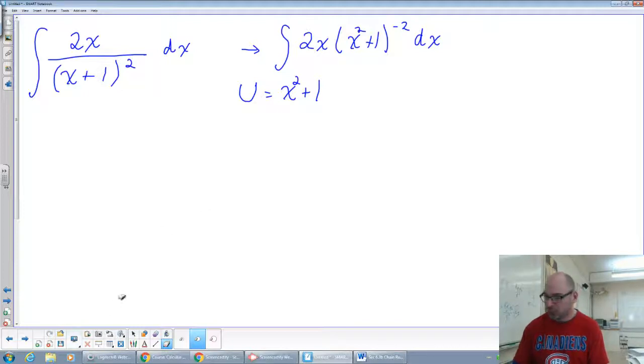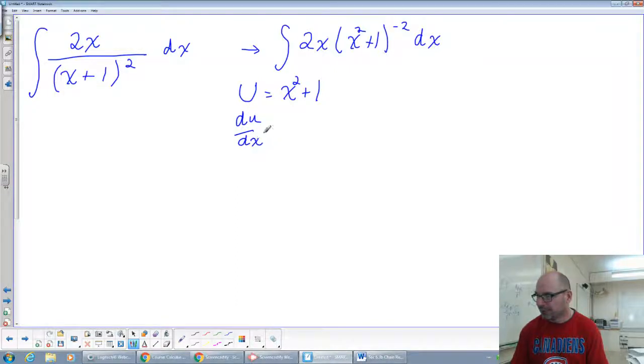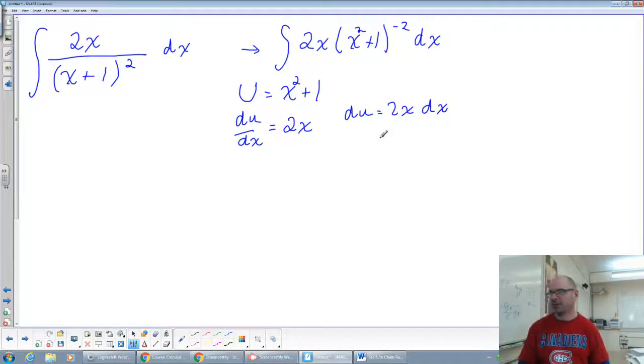So then our du/dx is a little different. So du/dx is then going to be equal to 2x. Okay. And then if we rearrange this, du equals 2x dx, which checks off here. We don't have to do any manipulation on that one.